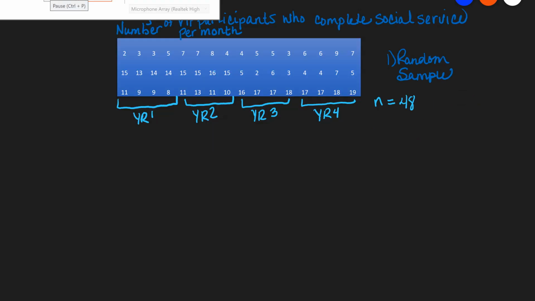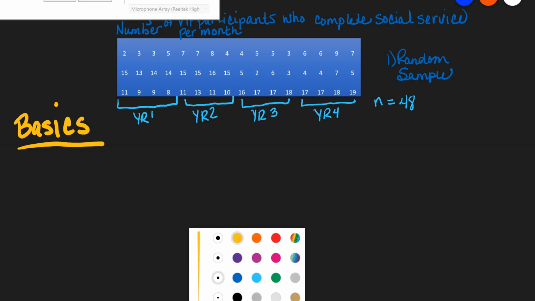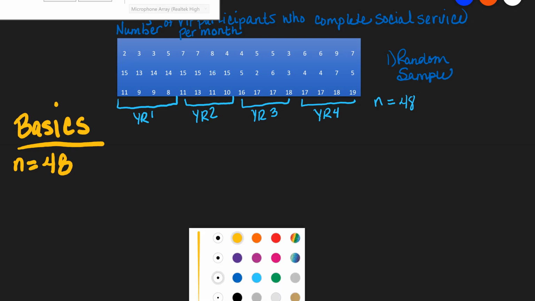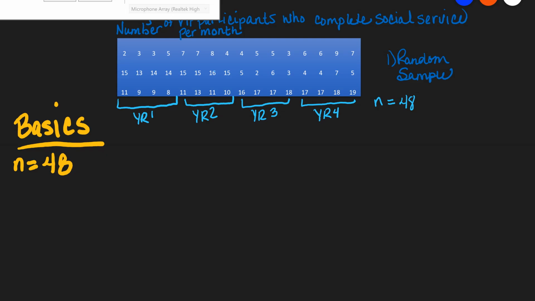To describe this sample, let's start with some basics. We know that the sample size n is 48. Now, what is our sample mean?